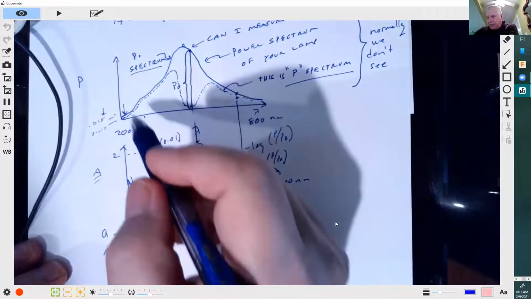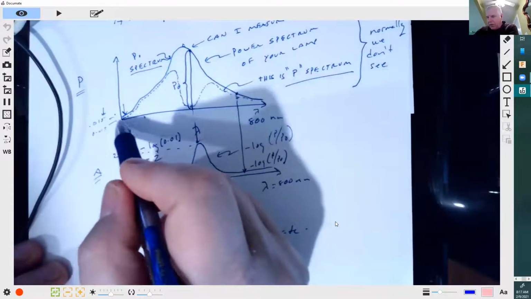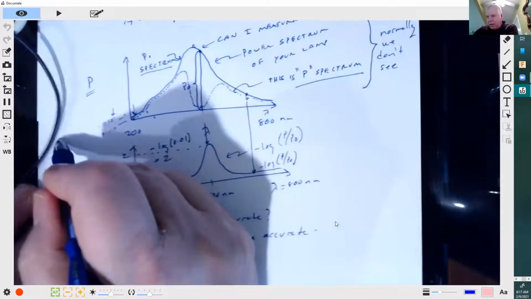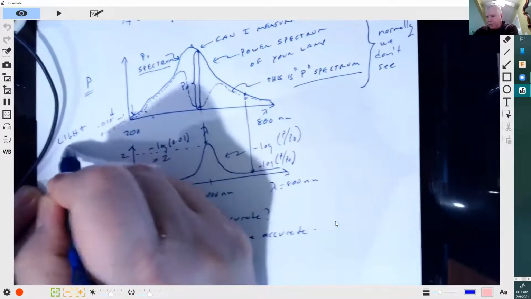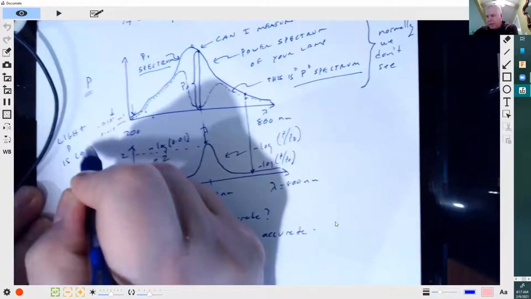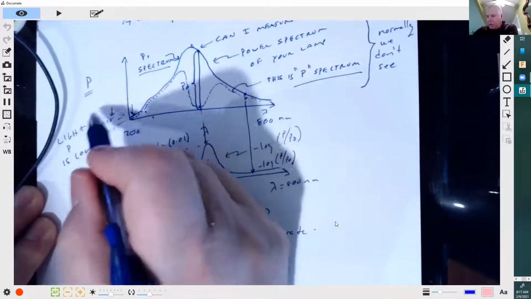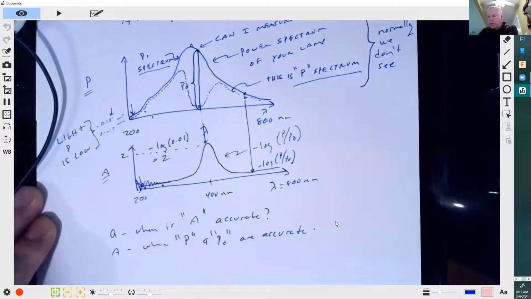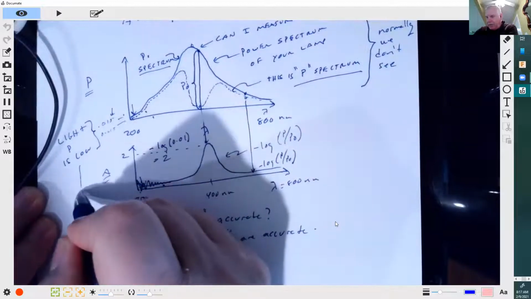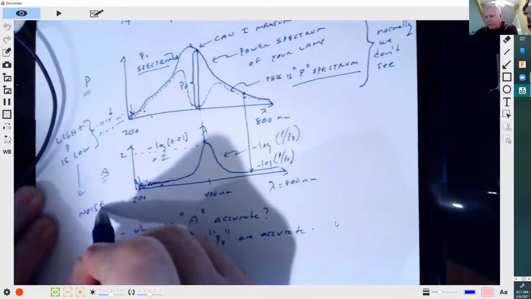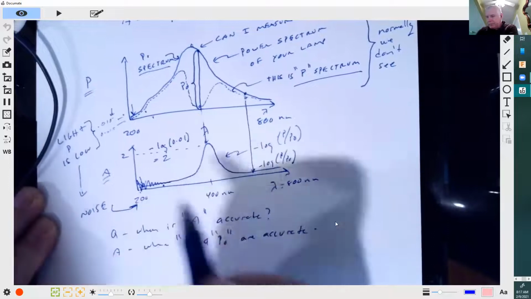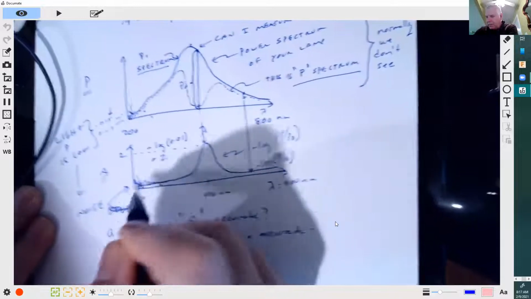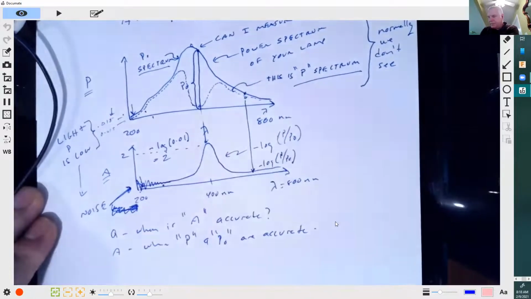And so long as the light power level is low, there's fluctuation, and that means there's noise in the absorbance. Just ignore that line there.